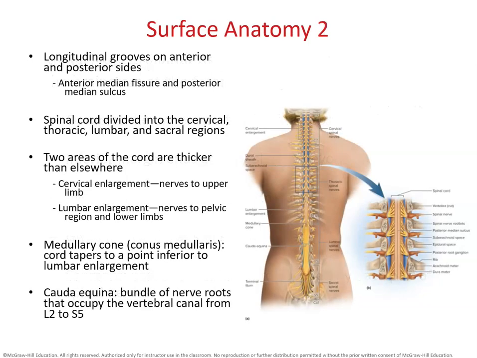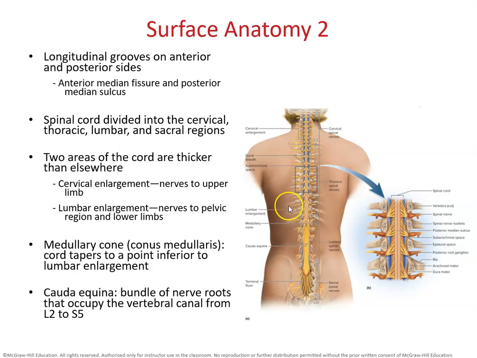Okay, getting a little deeper into anatomy here, we can talk about the longitudinal grooves, and these are found on both the anterior and posterior side. The spinal cord is divided into 4 distinct regions. We have the cervical region up here where the cervical vertebrae are.